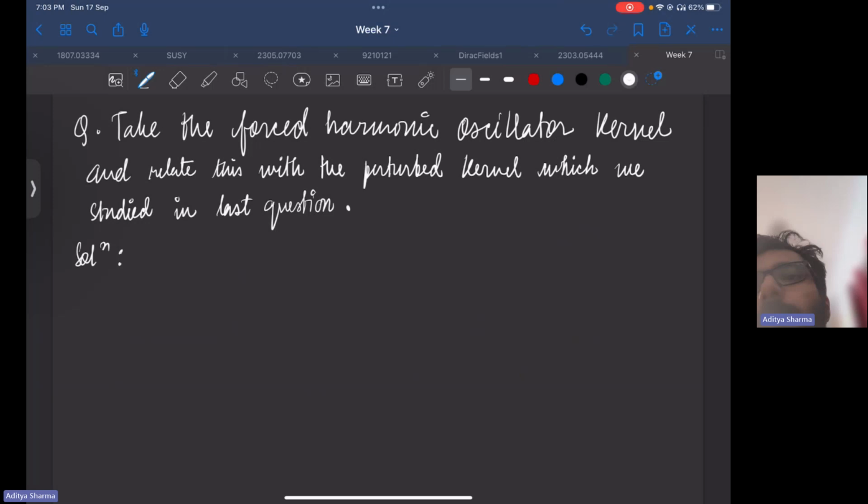So we want to take the full Lagrangian as a part which we know, L naught, plus this.